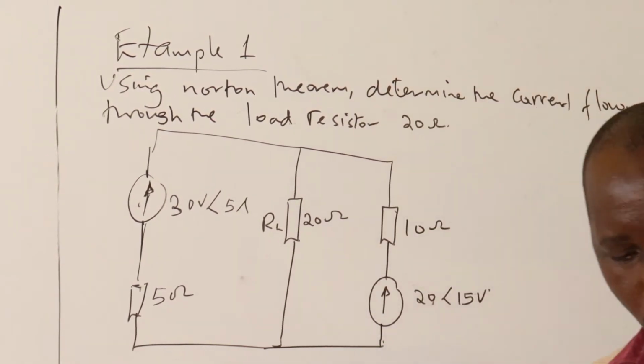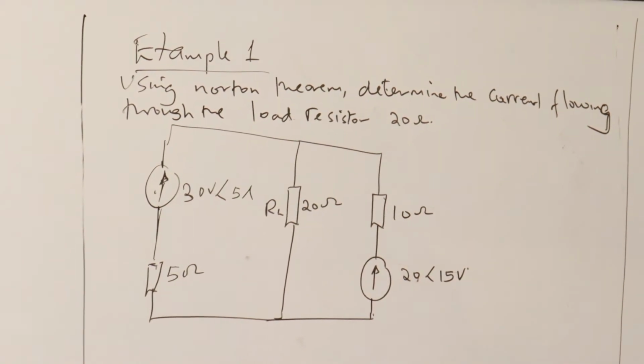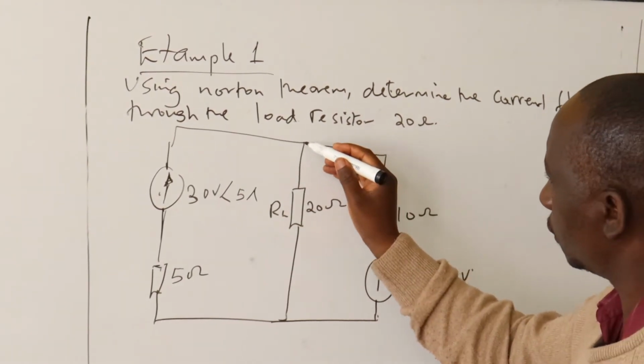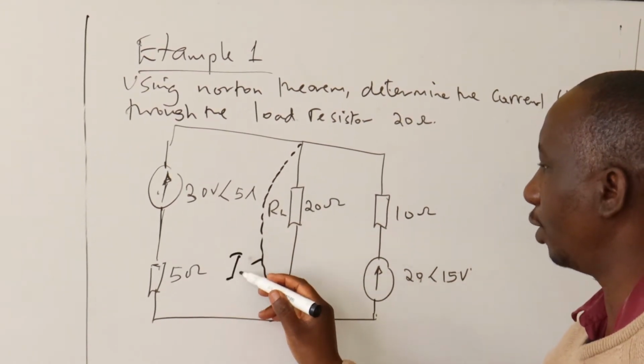Once you're given such a question, the first thing you need to do is short circuit the load. Anytime you short circuit the load, you connect a short circuit path in this path. So this path becomes our I_SC.